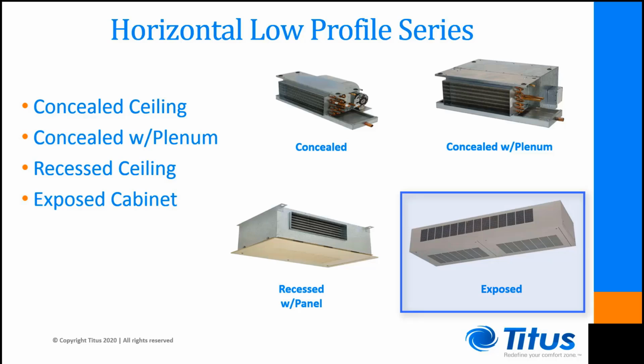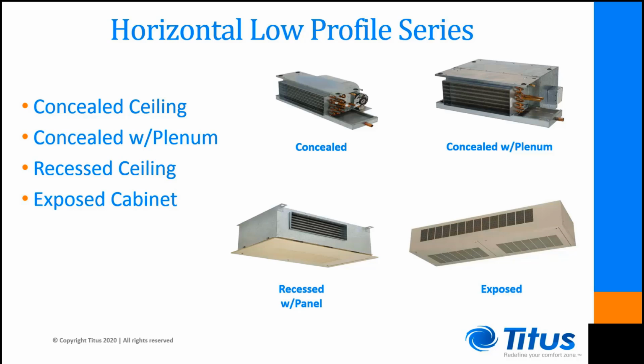It is completely exposed and hangs from the ceiling. As with the recessed unit, the bottom panels serve as return and access panels. The unit is completely exposed to the living and working space for the occupants, so the entire cabinet is painted. A general rule of thumb is that if the unit is painted, it is meant to be seen and will be in the occupied space. Concealed or hidden units won't be seen by the occupied space persons and therefore it is not necessary to paint them.